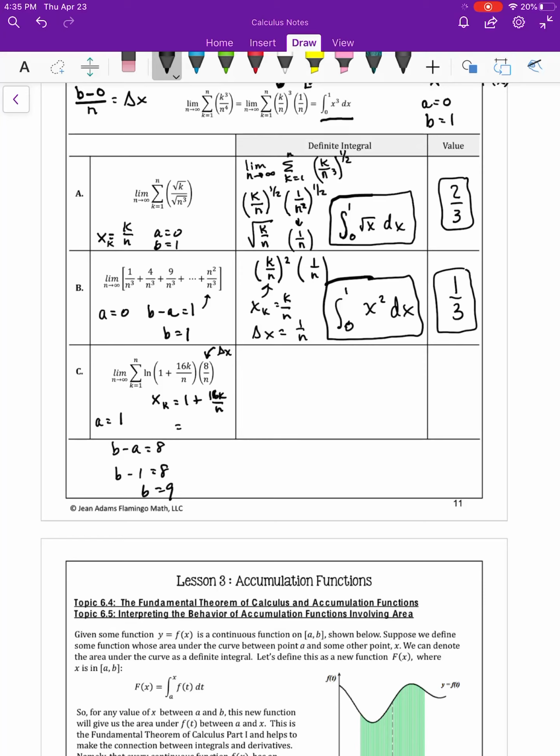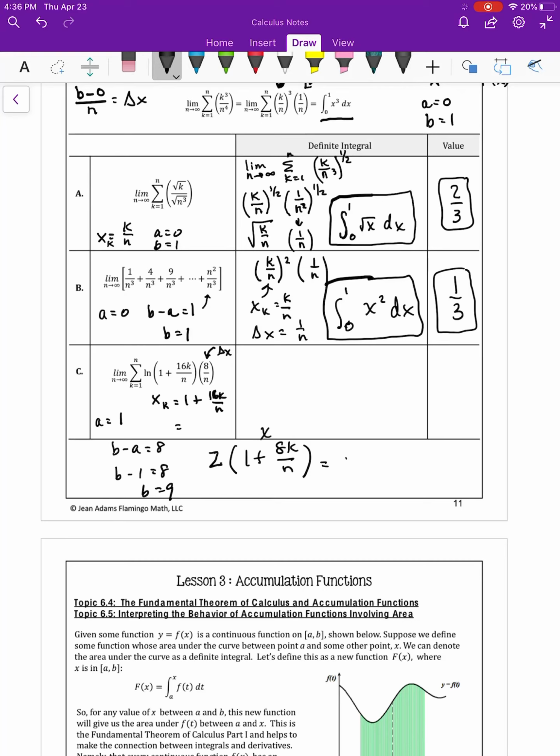So my little a is 1, and then since my b minus a is 8, so b minus 1 is 8, my b would be 9. And this is going to be your function.